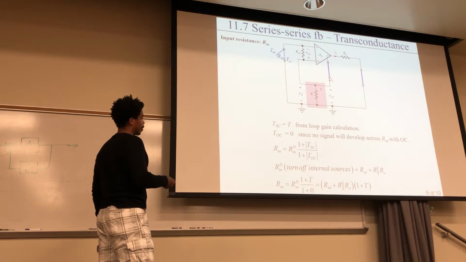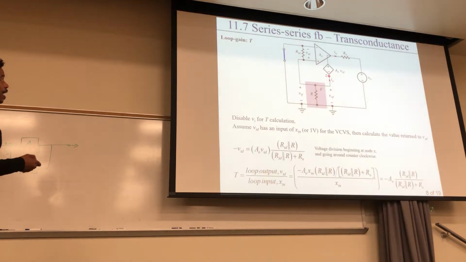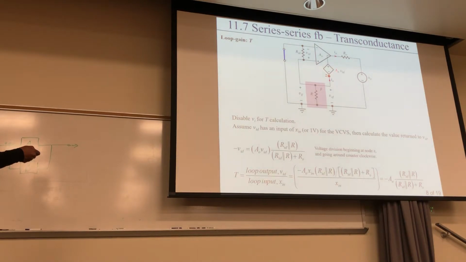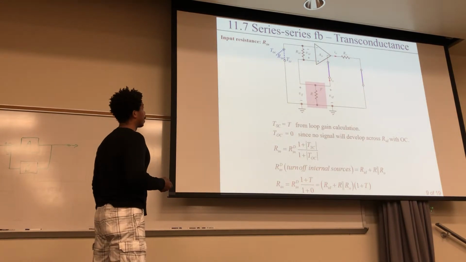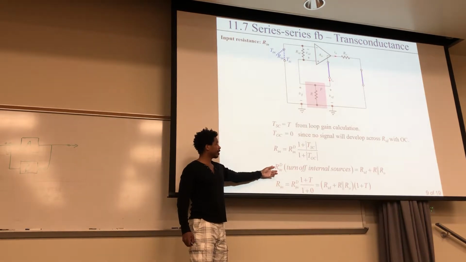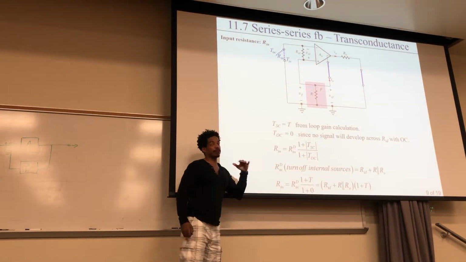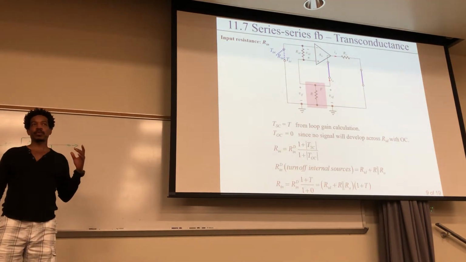This part right here is what you get when you turn off all internal sources, meaning that you have to turn this piece off right here, because remember that was the voltage controlled voltage source, and so you just make your A0 be 0. Okay, and then you have a short circuit right there. All your sources turned off, and then you calculate what that is. Now, typically, if you have an active type of circuit, and I'm talking about in general, like if you're not using Blackman's formula, if you have some controlled sources in there, you typically don't want to turn them off.